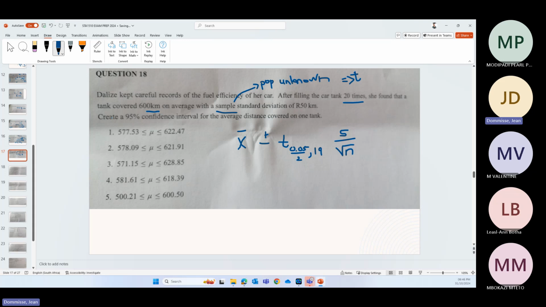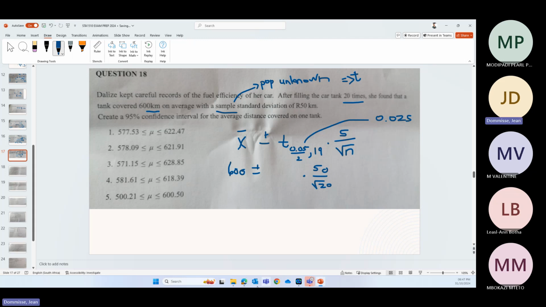So the average is 600 plus minus t times the standard deviation, which was 50, divided by the square root of 20. Let's look at t. 0.05 divided by 2 is equal to 0.025.